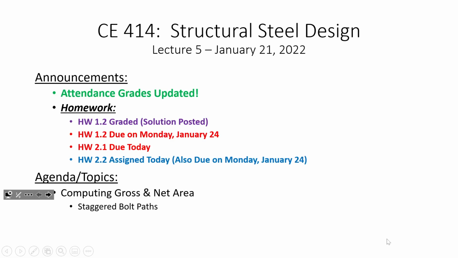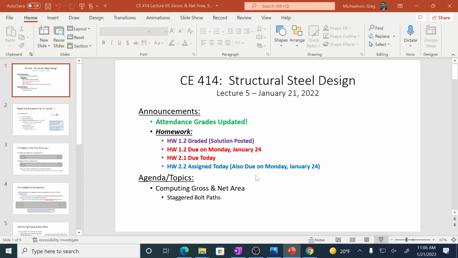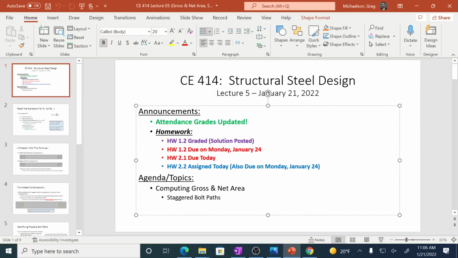Let's make sure we're all clear on this. Homework 1.1 is graded, and the solution's posted. Now homework 2.1, I believe, is currently being graded. And homework 1.2 and 2.2 are going to be due Monday. Yeah, that's right.